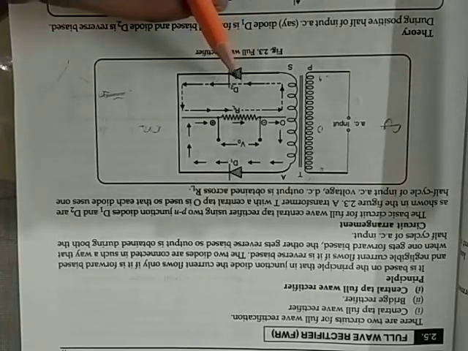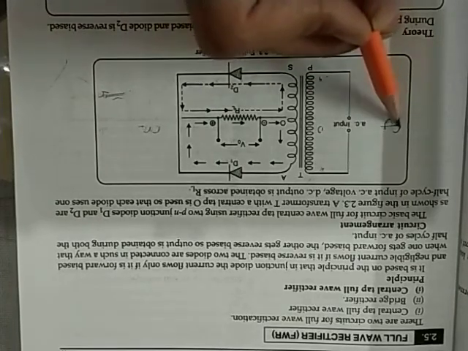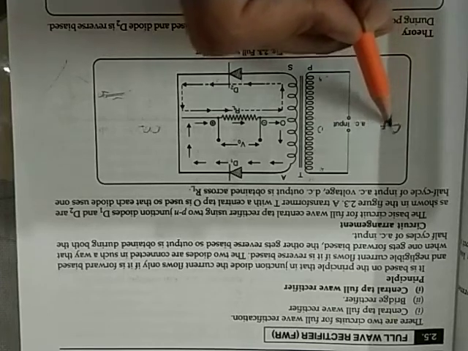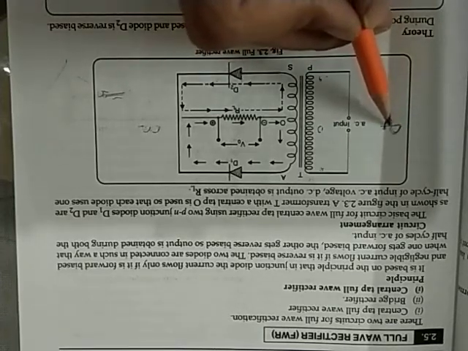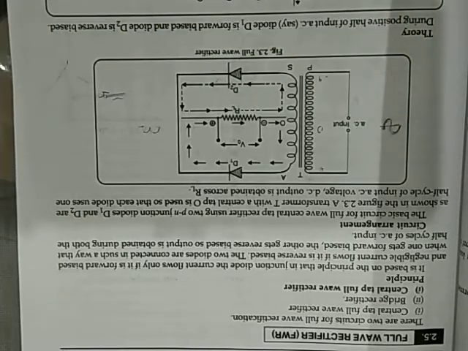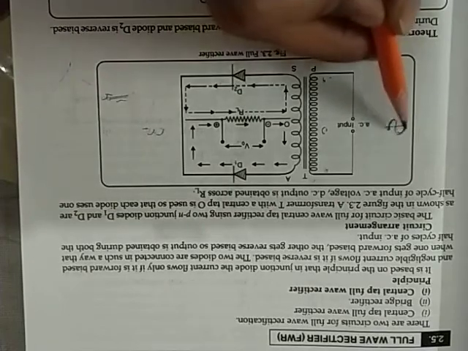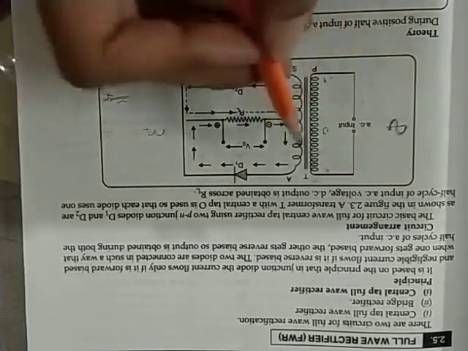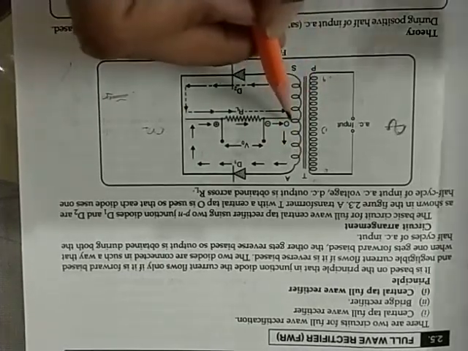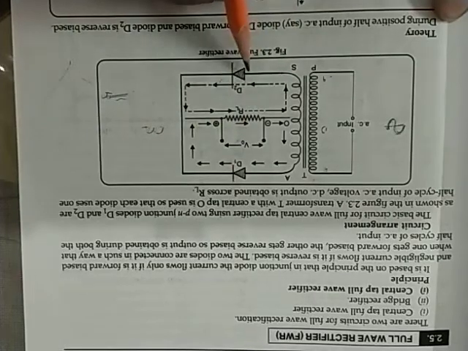Suppose we are applying the AC input. As you know, the AC input is sinusoidal in nature. This is the positive cycle of the AC signal, and this is the negative cycle of the AC signal. When we are applying the positive part, after crossing this step down transformer, the positive part would reach here and the negative part would reach here.